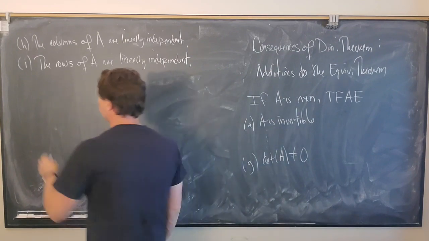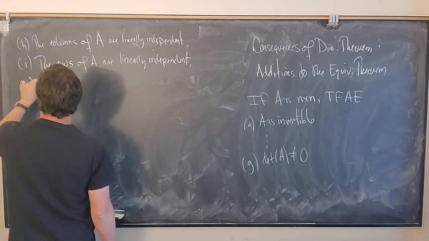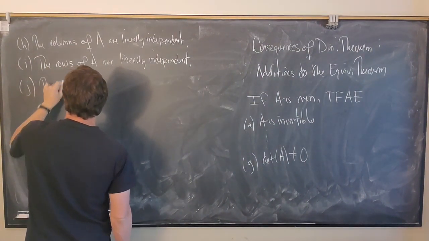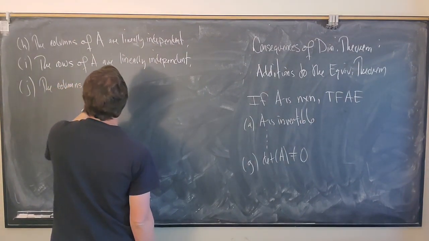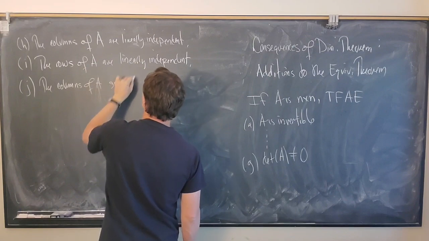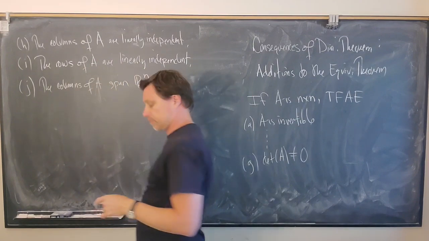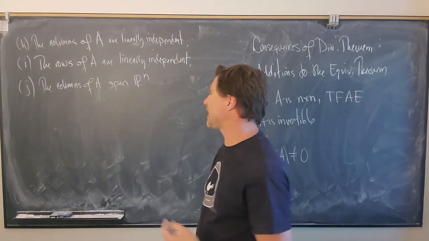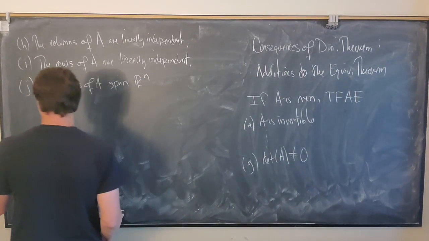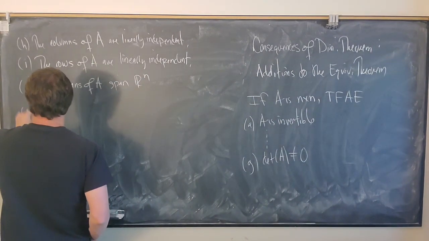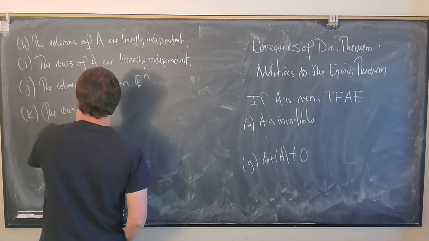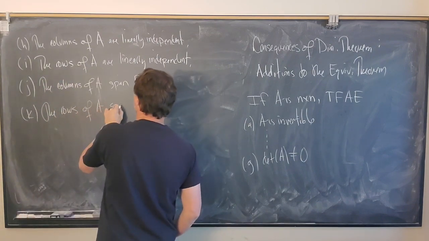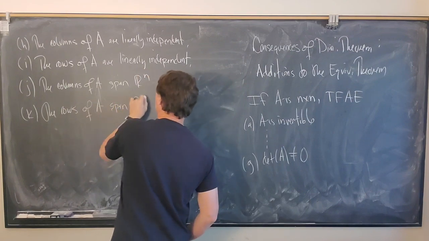Part J, the columns of capital A span Rn. Same statement, but replace columns with rows, so part K, the rows of A span Rn.